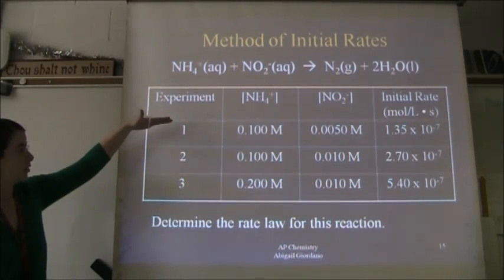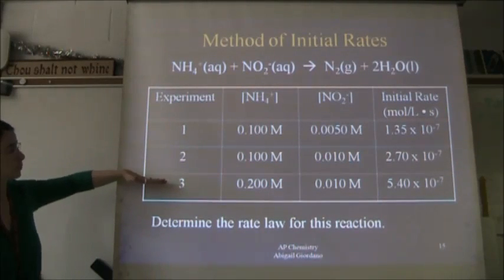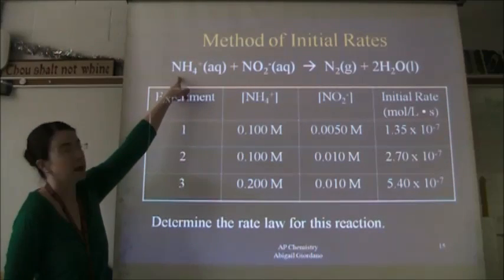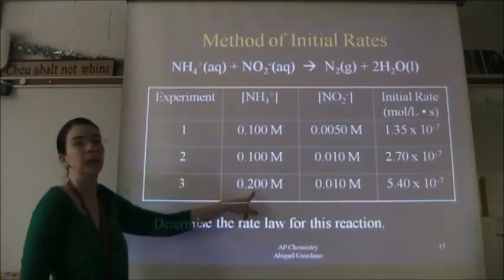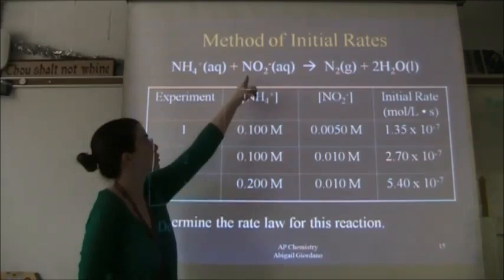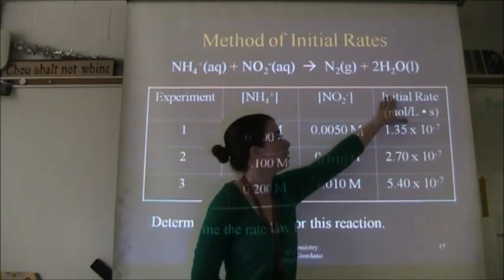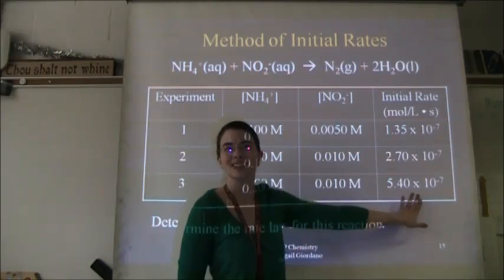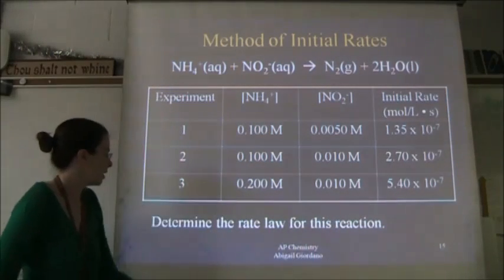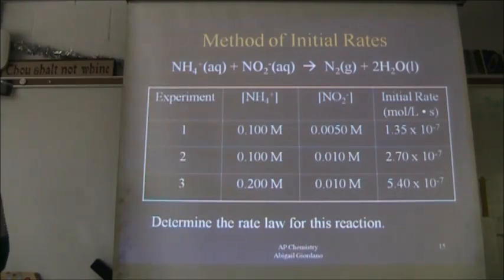You've got 3 experiments. Here's my first reactant, and I've been given molarity values. Here's my other reactant, molarity values. And then this final column, those are rates, speeds. And it says, determine the rate law for this reaction.